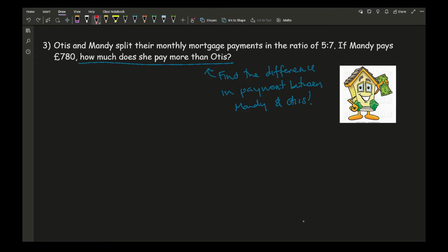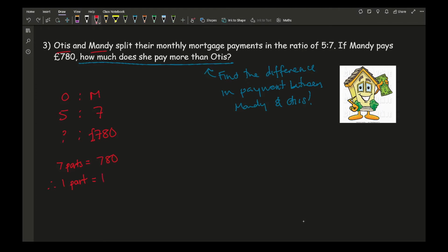So again, we start off by labelling our ratio. Here we've got O and M. We've got the ratio of 5 to 7, and I know that Mandy pays 780. So from this, we need to work out what Otis pays. If 7 parts equals 780, then 1 part is going to be 780 divided by 7, which I don't think is going to be a very nice number, and it isn't.